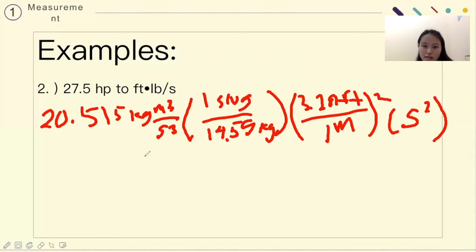And then cross out the same units, kilogram and kilogram, meter and meter, and then second.